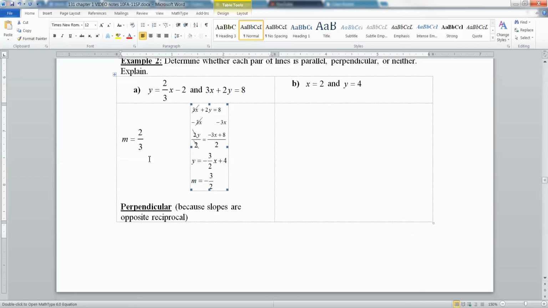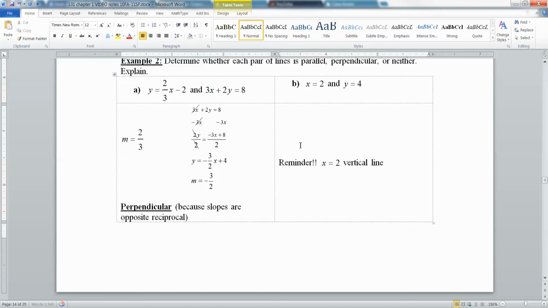All right, so now let's look at the other one. Now the other one has this whole x equals 2, y equals 4 business. But we got to be careful about this just for a second. So let me remind you that x equals 2 is a vertical line, right?